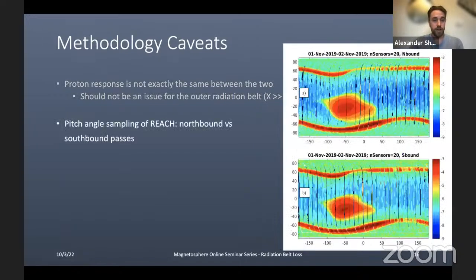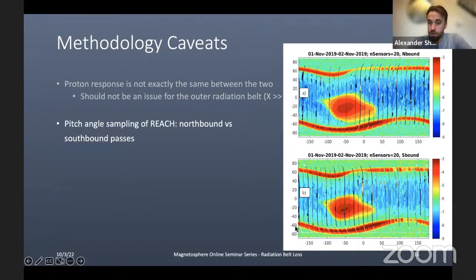Another methodology caveat is the pitch angle sampling of REACH. The sensor is looking at different pitch angles in the same location on a northbound versus a southbound pass. On the left are maps of the same days, however the upper plot is the northbound and the bottom plot is the southbound.